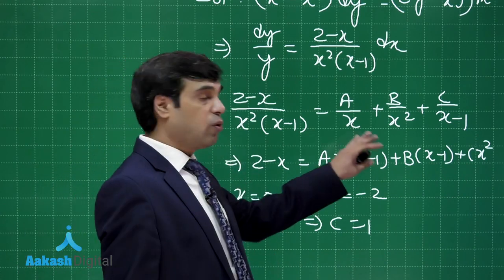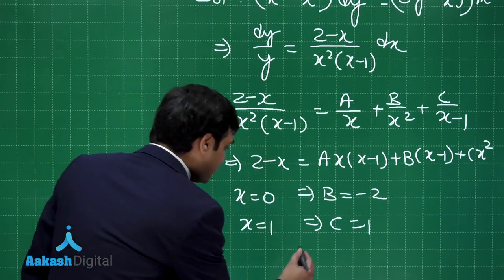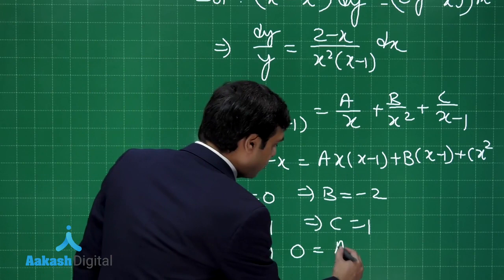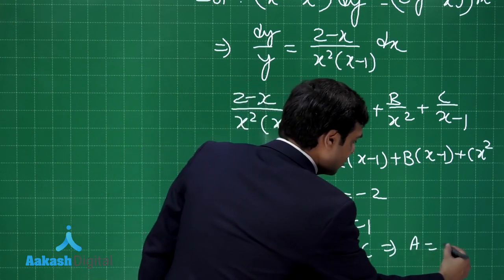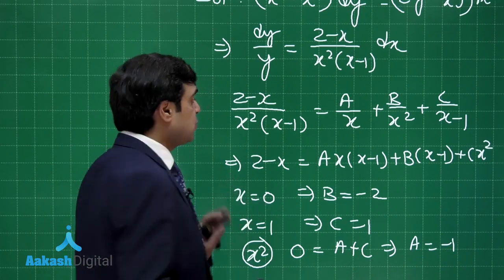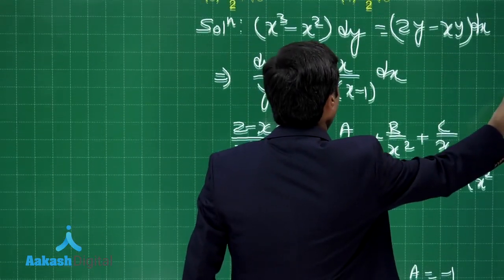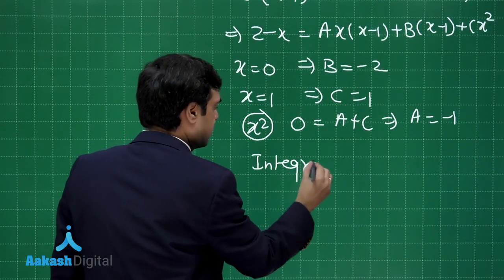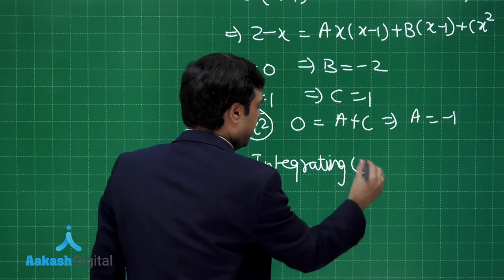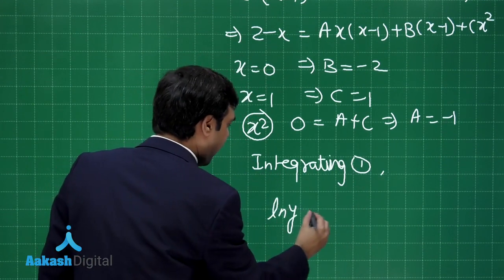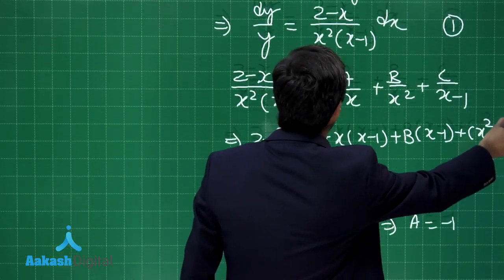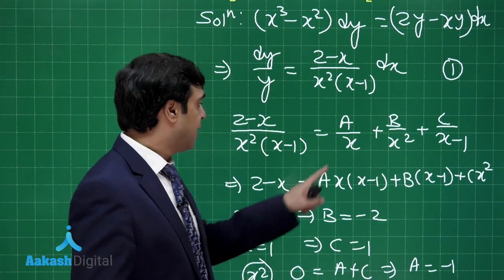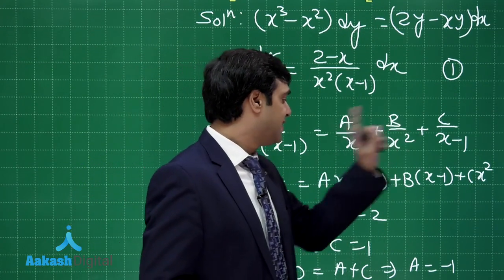Now, when you compare the coefficients for x square, 0 is equal to a plus c, giving you a is equal to minus 1. This is clear. So now we can write, let's say this is equation 1, integrating 1, we get log y is equal to, this term is a by x plus b by x square plus c by x minus 1, where a is minus 1, b is minus 2, and c is 1.